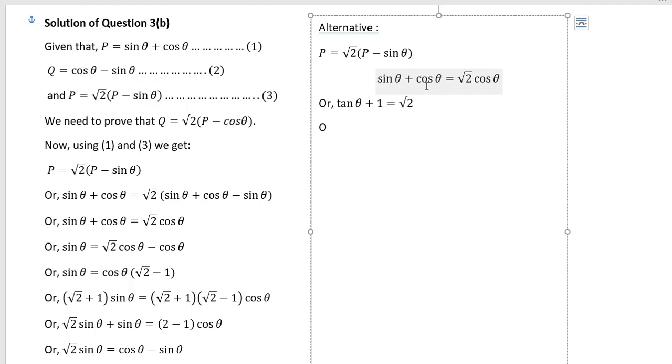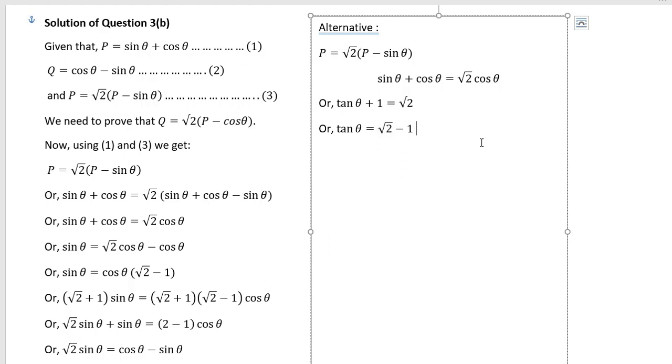So we have to take that cos theta is not equal to 0, that is, theta is not equal to 90 degrees. So we can say that tan theta plus 1 equals root 2, or we can say that tan theta is equal to root 2 minus 1.